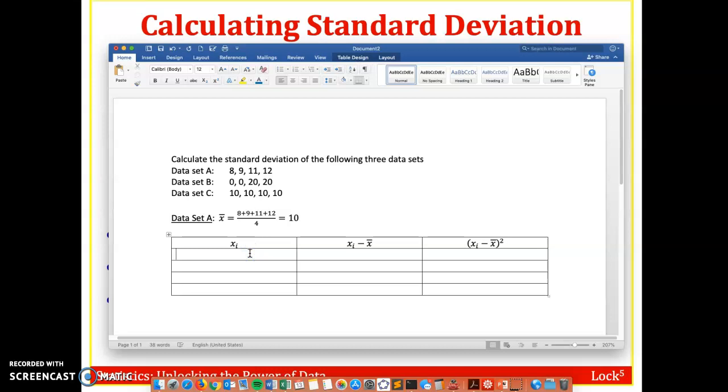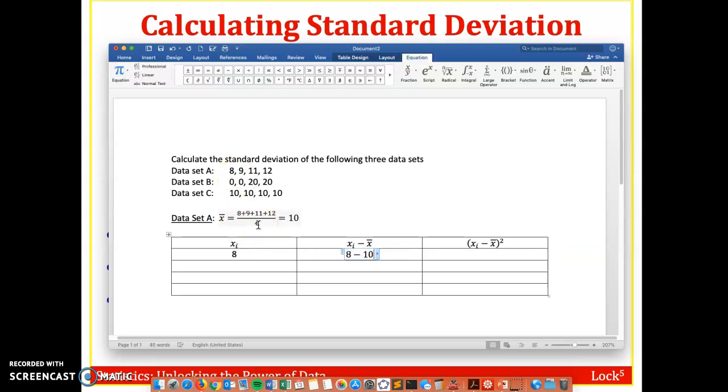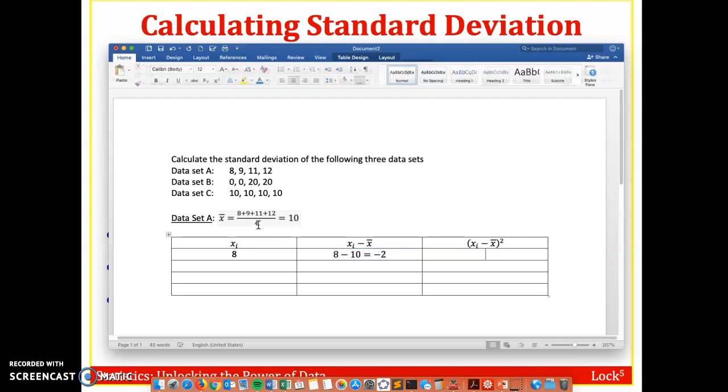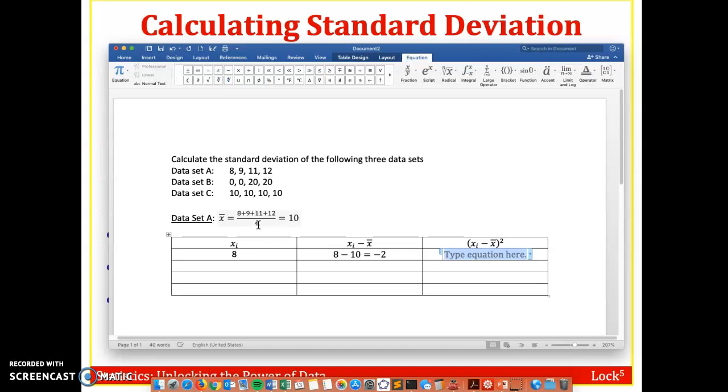So then for each of these values, let's see, center all this so it's easier to read. For the first value in the data set, we have 8. Then we're going to have 8 minus 10 equals minus 2. And then finally, we're going to take the value before, minus 2, and square it to make it 4.